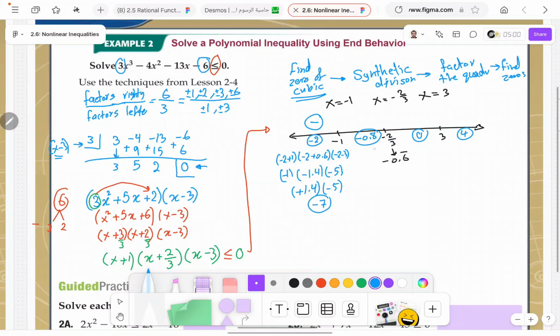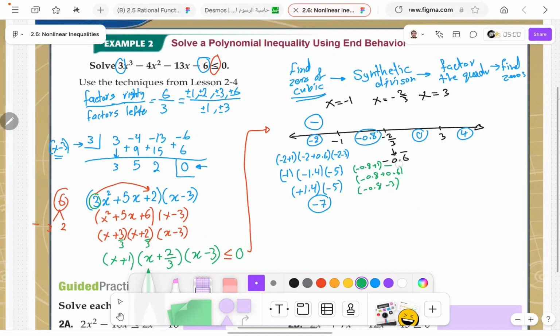Now let's test negative 0.8. Negative 0.8 plus 1, negative 0.8 plus 0.6, and negative 0.8 minus 3.